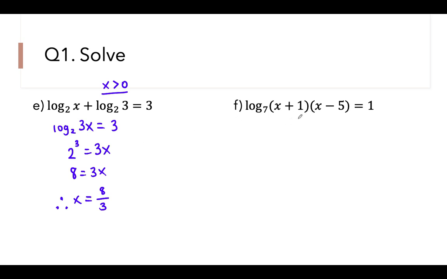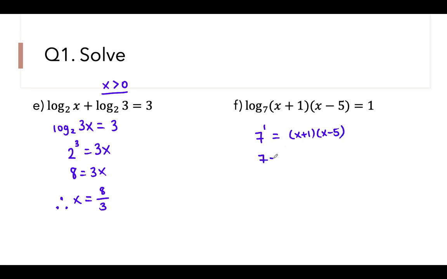Okay, now, so we're given this. So we're given only one term of logarithmic form, log. So therefore, I can just go ahead by putting it in exponential. The base of 7, so 7 to exponent of 1 is equal to x plus 1, x minus 5.